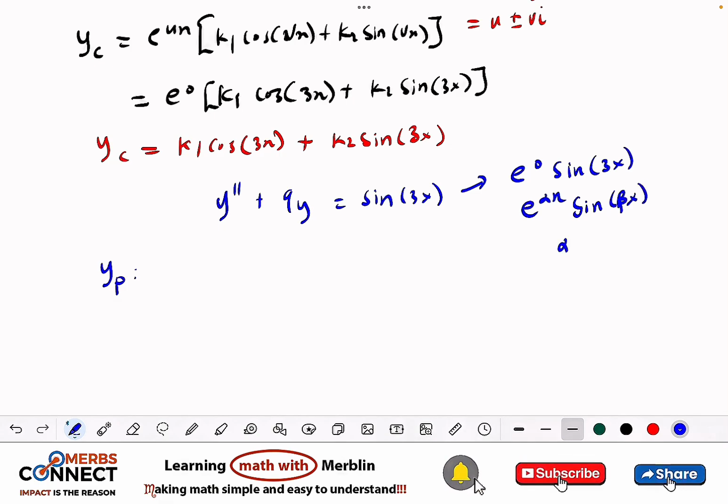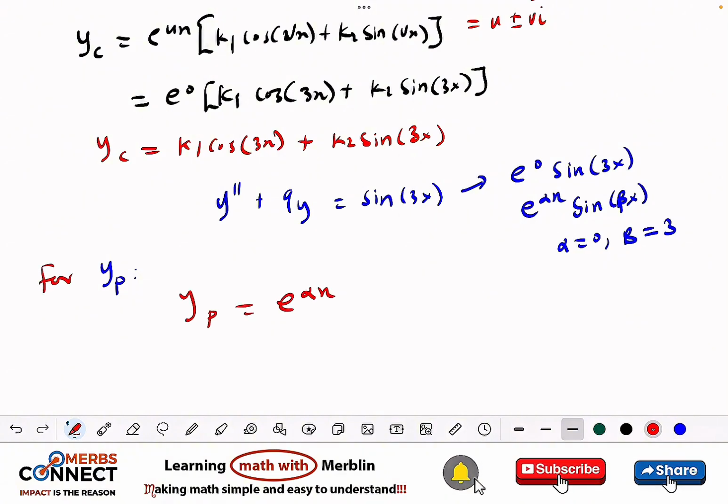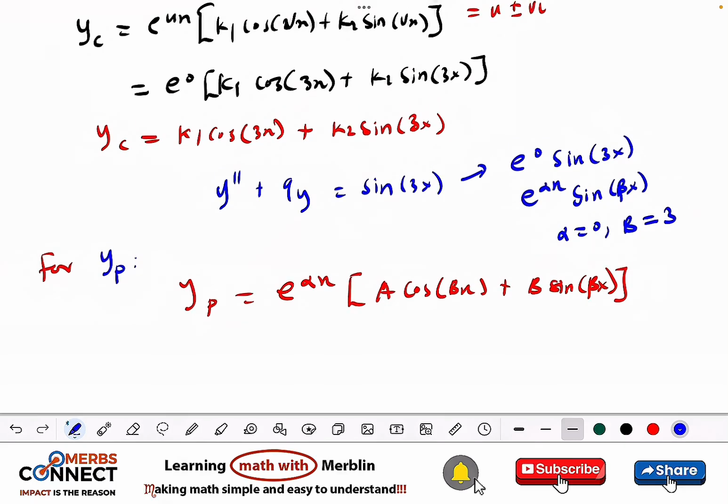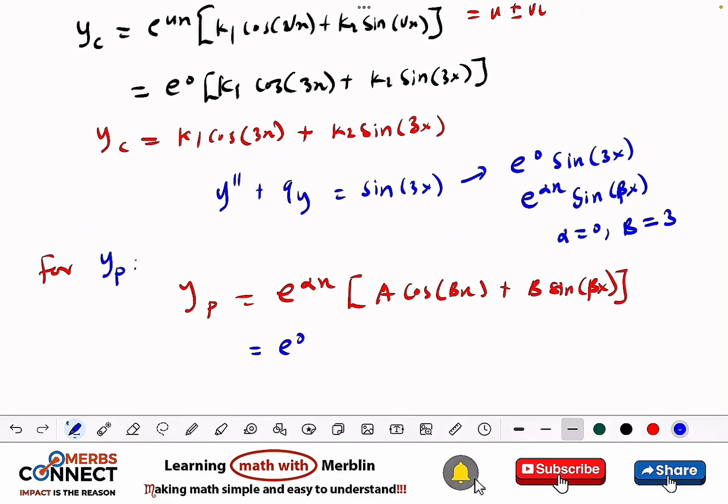So here alpha is 0 and beta is equal to what? 3. Good. When we compare, writing the particular solution is going to give us something like e to the power alpha x times a cos beta x plus b sine beta x. When we do the substitution, we are going to have something like e to the power 0 times a cos 3x, because beta is 3, and b sine 3x.